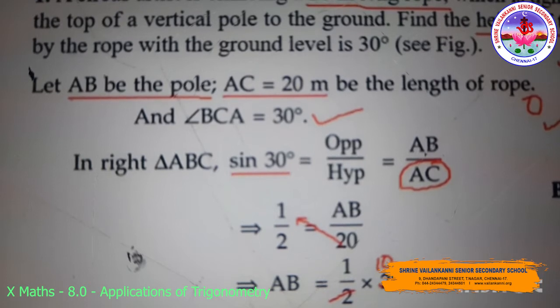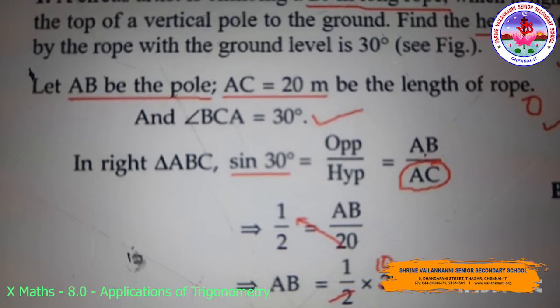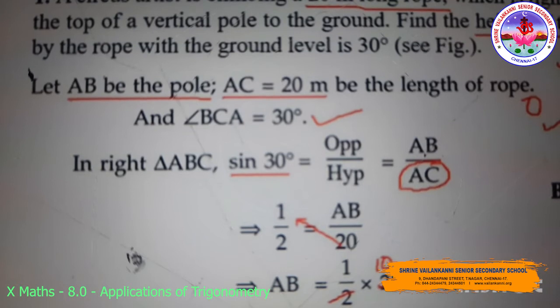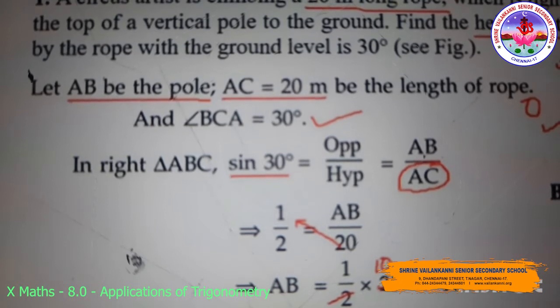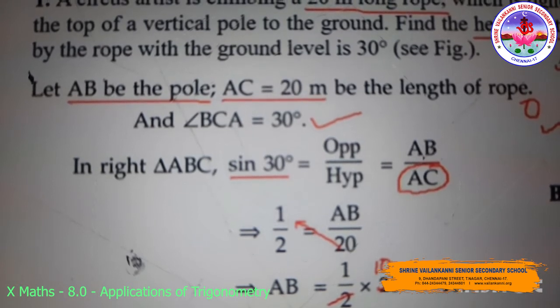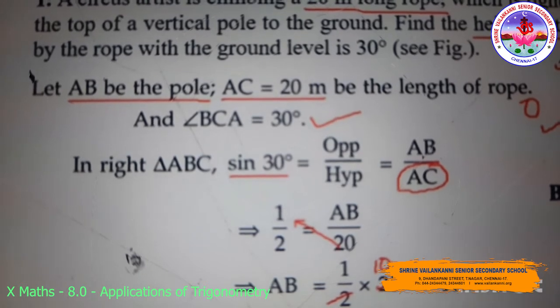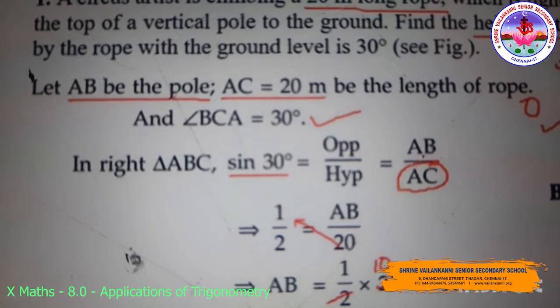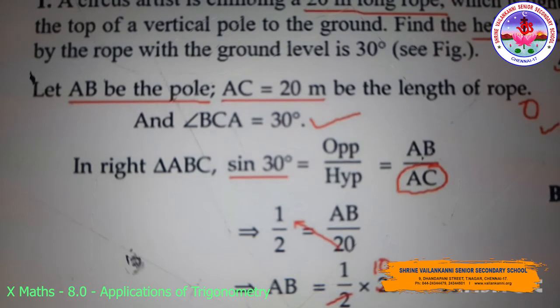We know that the length of the rope AC is the hypotenuse, since it is the side opposite to the angle B which is 90 degrees. So we know the hypotenuse and we want to find out AB, the side opposite to the angle.